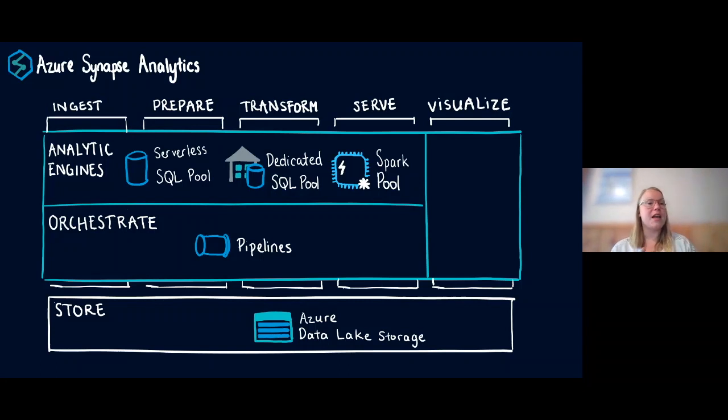But the analytic engines can be used all the way from the preparation phase, the transformation, and even serving. For example, you can use the dedicated SQL pool for serving the data. And the orchestration is what drives all the phases, from the ingestion all the way to getting the data to the serving layer as well.